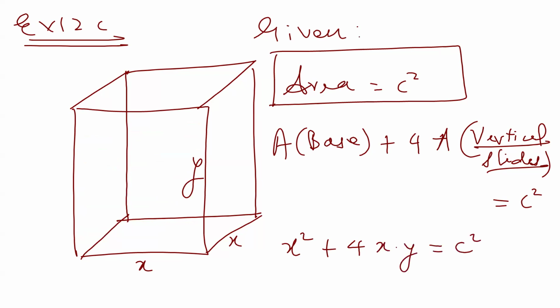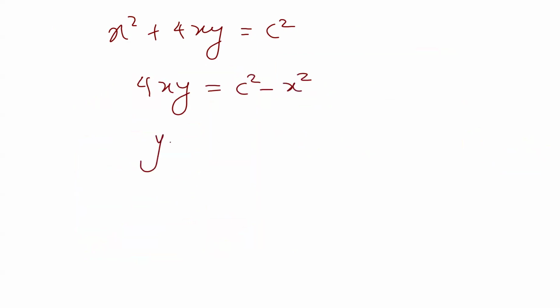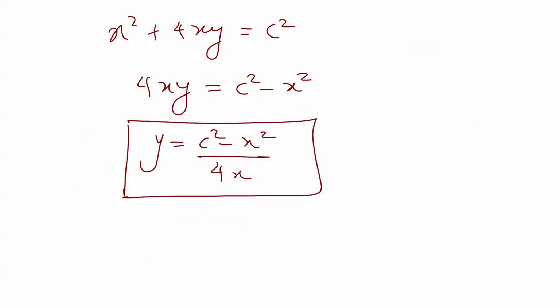So x square plus 4xy is equal to c square. We'll get the value of y over here. y is equal to c square minus x square upon 4x.